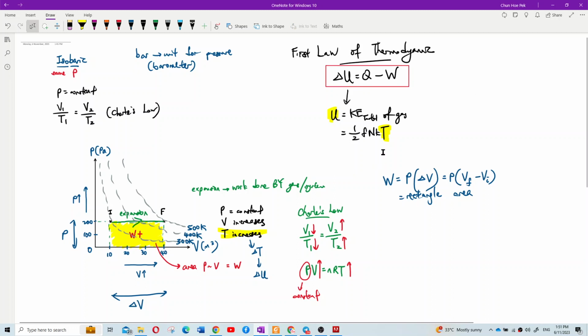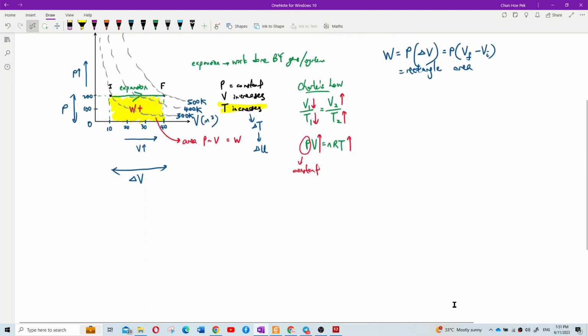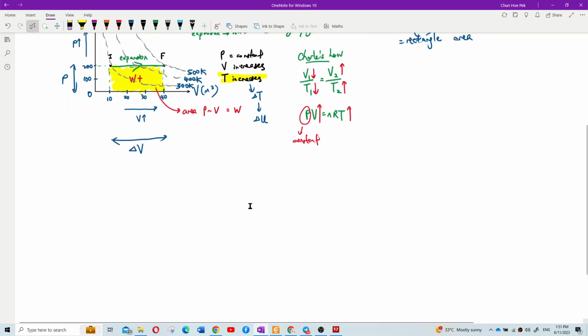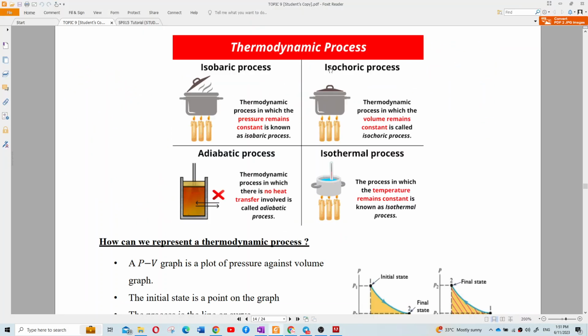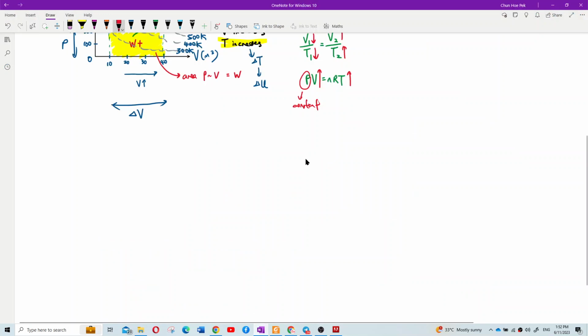Okay, good. Now last one. Yeah, I know it's 1 51. I want to go to our last one, which is isocoric. Isobaric just now is pressure constant. What is isocoric? What is constant? Volume constant. Actually, isocoric has two names. Let me write it down.